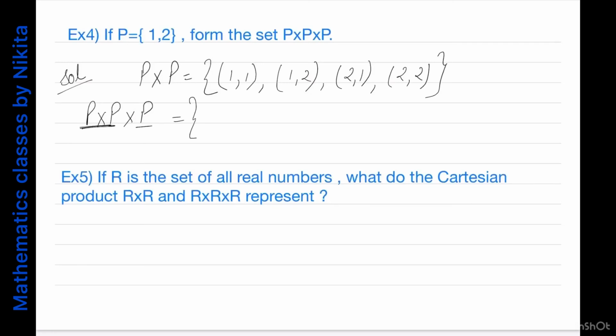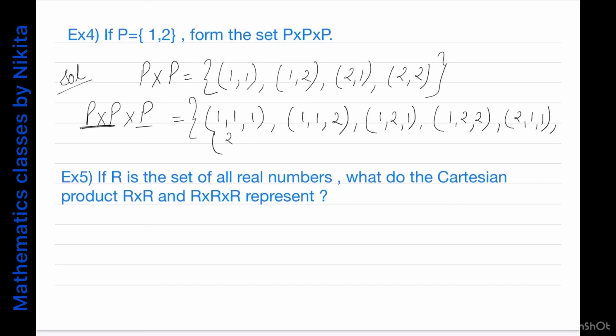Each element of P cross P with each element of P. So I'll have this with 1, then 1 comma 1 with 2, then I'll have 1 comma 2 with 1, then 1 comma 2 with 2, then 2 comma 1 with 1, then 2 comma 1 with 2, then you'll have 2 comma 2 with 1, and then 2 comma 2 with 2. So this is the set P cross P cross P.